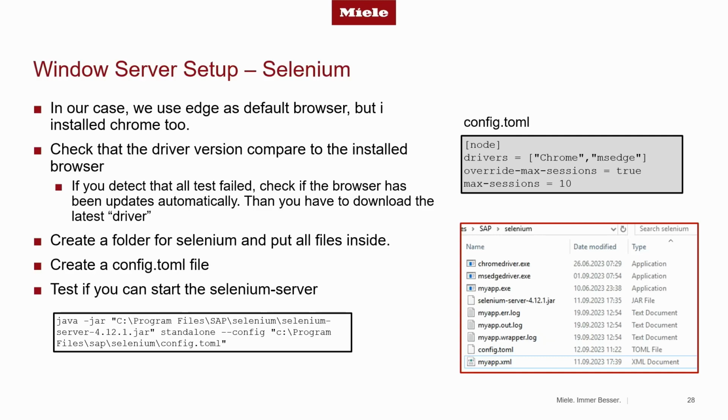When you use Chrome, you have to install the Chrome browser on the Windows Server too. And the MyApp wrapper is a configuration, a little piece of software to run the software as a service in Windows.